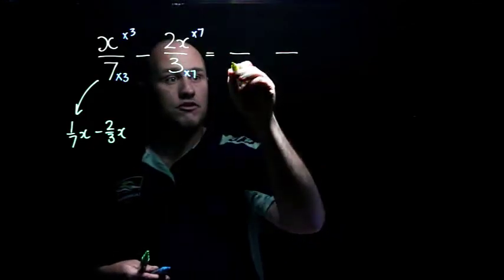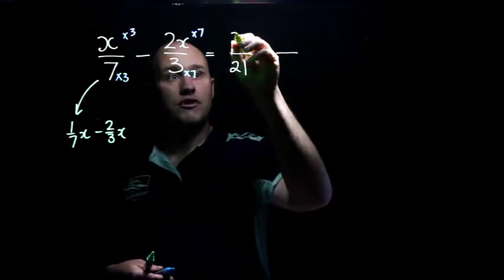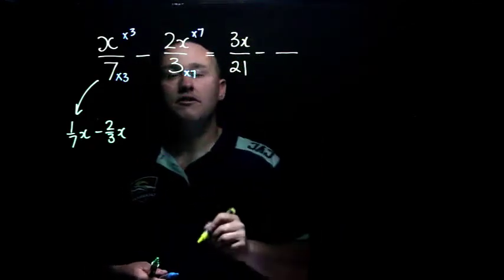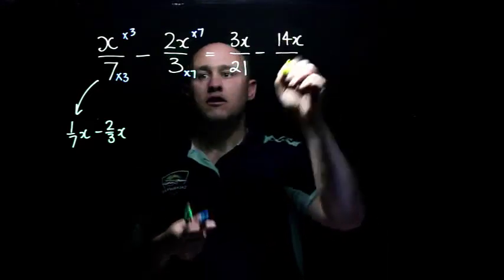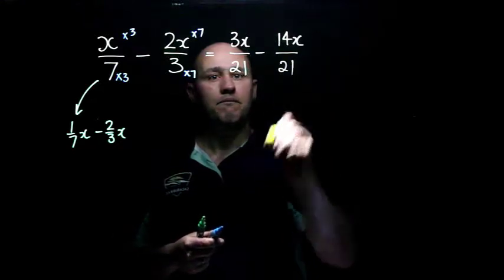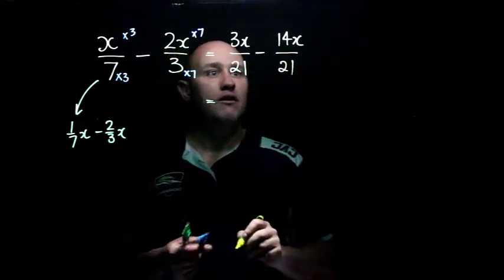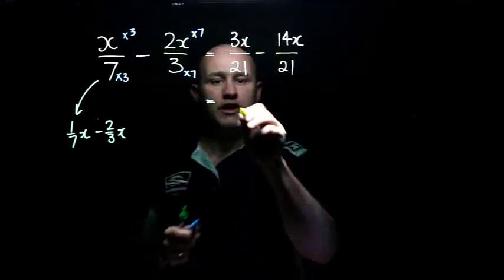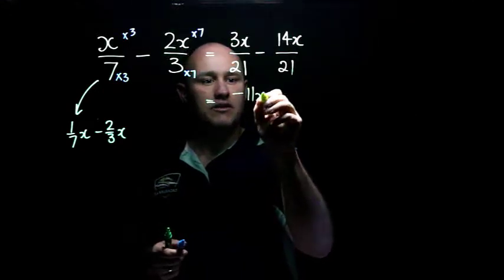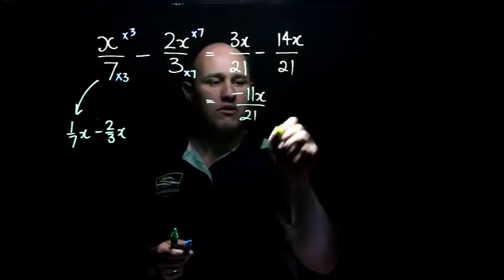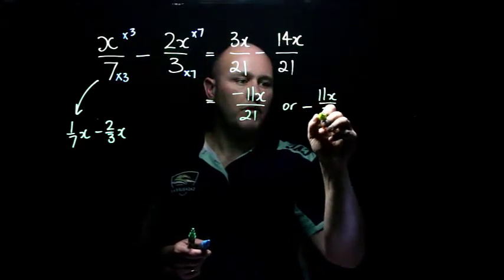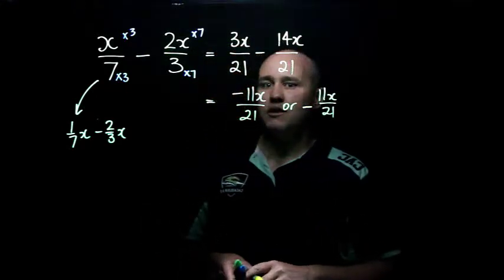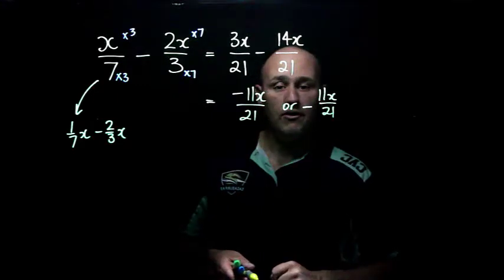So 7 times 3 is 21 and x times 3 is 3x minus 2x times 7 is 14x and 3 times 7 is 21, and so of course that gives me 3x minus 14x, which is negative 11x over 21. Or maybe better written as just negative and then 11x over 21. So there's our first example. I'm going to rub this off and we'll have a look at another one.